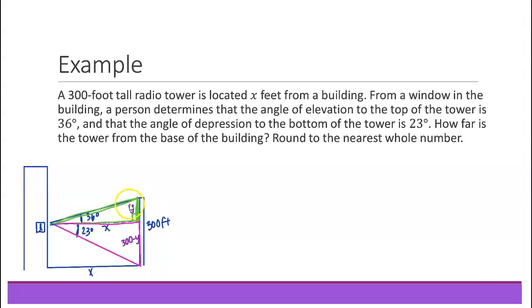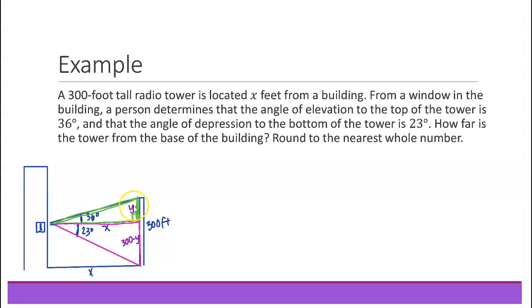So now I at least have some representations for the side lengths here, but I had to introduce this extra variable, right? So that's why this one does kick it up a notch in difficulty. So let's go ahead and at least now create our ratios of our trig functions like SOHCAHTOA. Which ones do we have? So if I think about the top triangle, I have the angle 36 degrees.